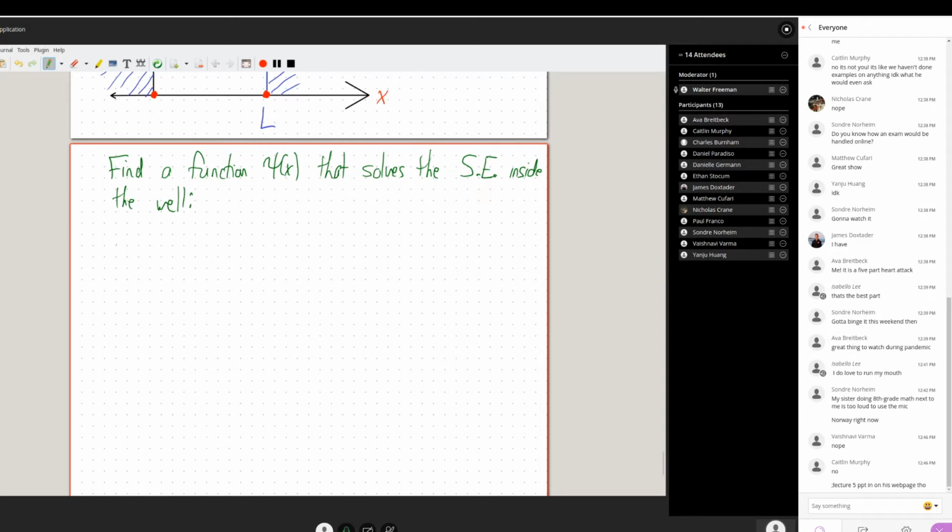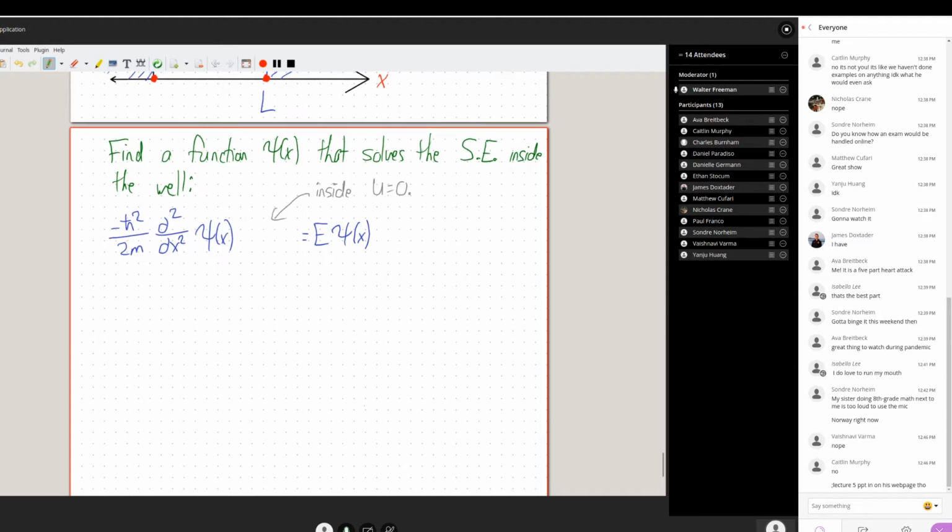So now we've got minus h bar squared over 2m, second derivative with respect to x. There's no potential here, equals e psi of x. So here, inside, u equals zippo. Now I'm going to divide both sides by minus h bar squared over 2m.